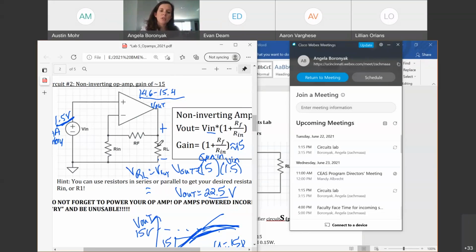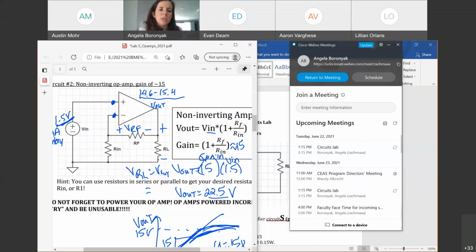Because it can't make this voltage here, the voltage drop over RF will even be off. What's my voltage right here? It has to be the same as my voltage right here. What's my voltage at my inverting input? Good, Brianna.